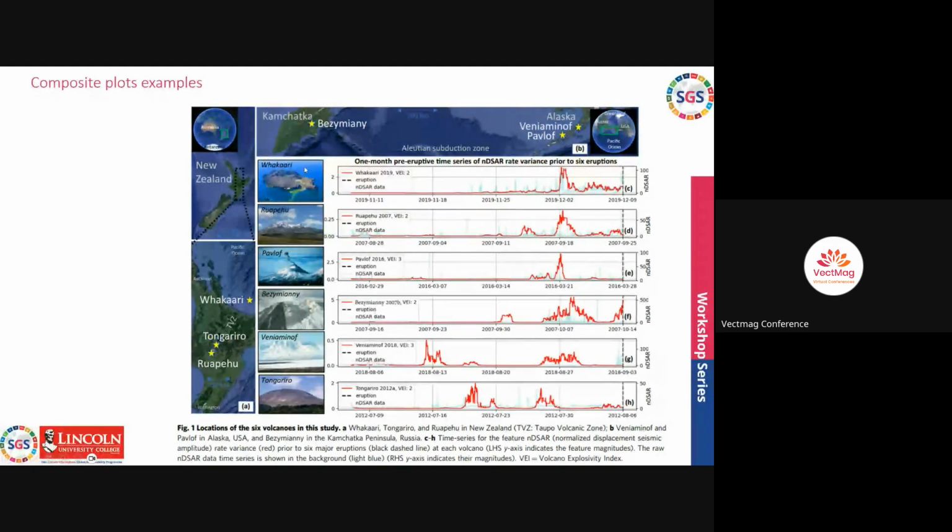Those are the various volcanoes, and their InSAR data and eruption data of Whakaari, Ruapehu, Pavlof, Bezymianny, Veniaminof, and Tongariro. All of them are listed in one place. Look at the data, right?